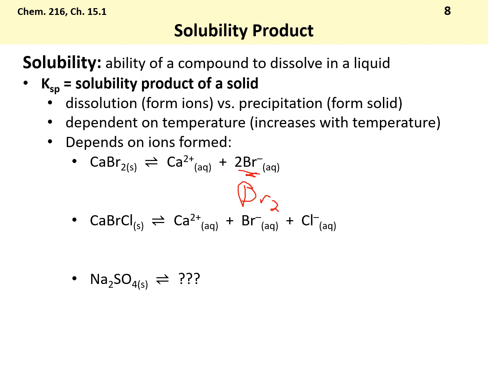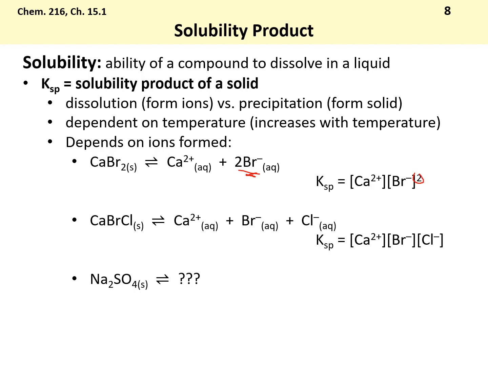We could also have something like CaBrCl. This would form Ca2+, Br-, and Cl-. So the Ksps for these two will look something like this, where I put each of the ions raised to their power.